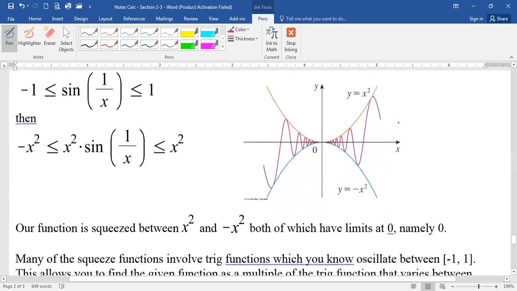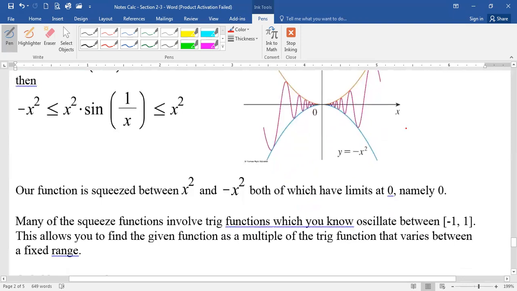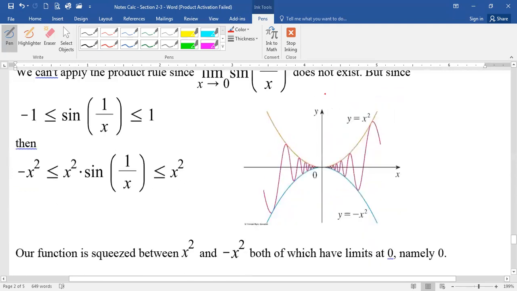What you see up here in the middle is the graph of x squared times sine of 1 over x, and it does get squeezed down. It has to stay between x squared and negative x squared, because sine has to stay between -1 and 1. That makes sense? So it's squeezed down to the same thing, 0. So this limit is equal to 0.